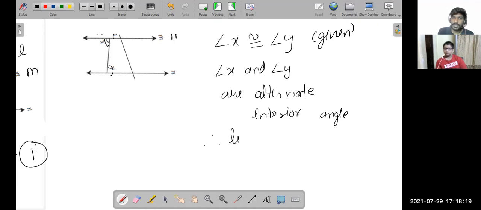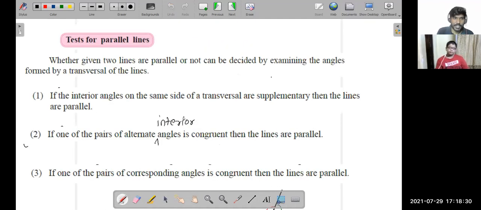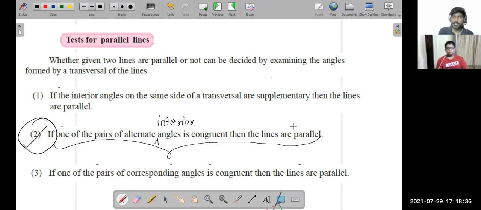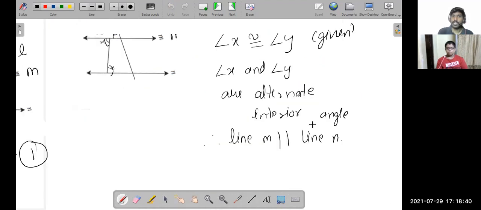Therefore, line M is parallel to line N, by the second test. So line L is parallel to line N.